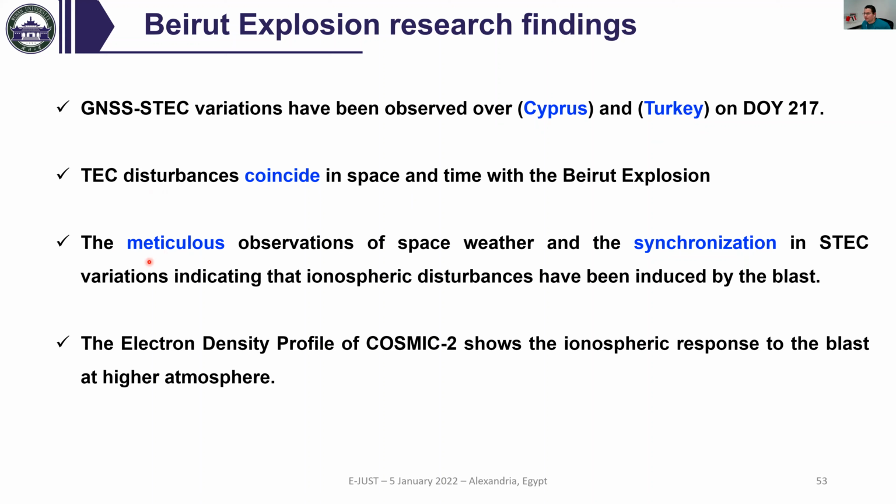Also, we focused on meticulous observation of space weather, and the synchronization in the variation in the ionosphere indicates that the ionospheric disturbance was induced by the blast rather than any random event. And the electron density from COSMIC-2 shows the ionospheric response to the explosion could arrive at the higher atmosphere.